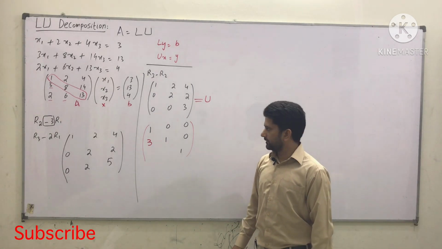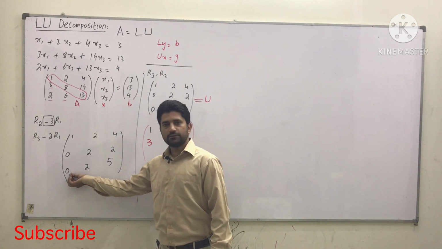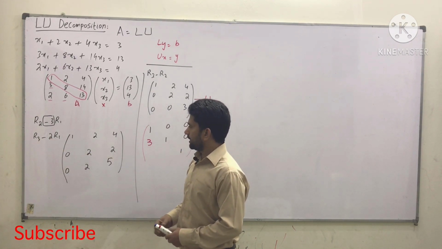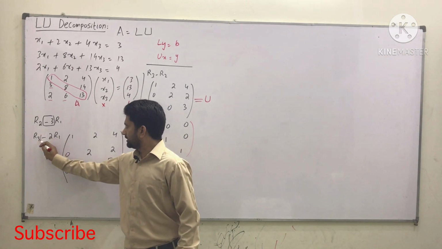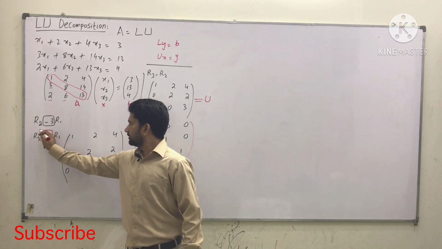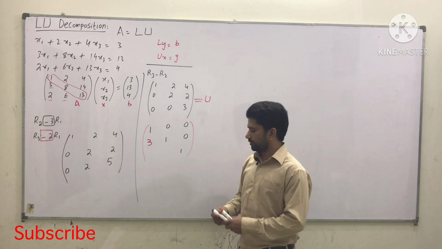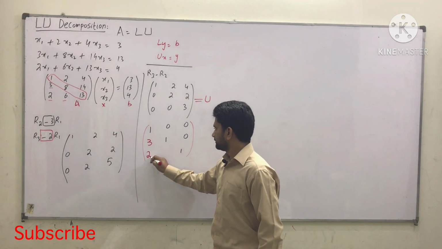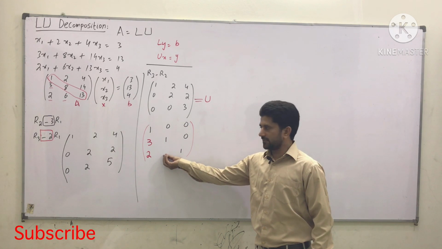The next specific position is this, and here we have 0. This 0 came with this operation, and the multiplier in this is minus 2. Look at this minus 2. Now the opposite of minus 2 is plus 2. So we have 2 here. Now this last specific position is left.